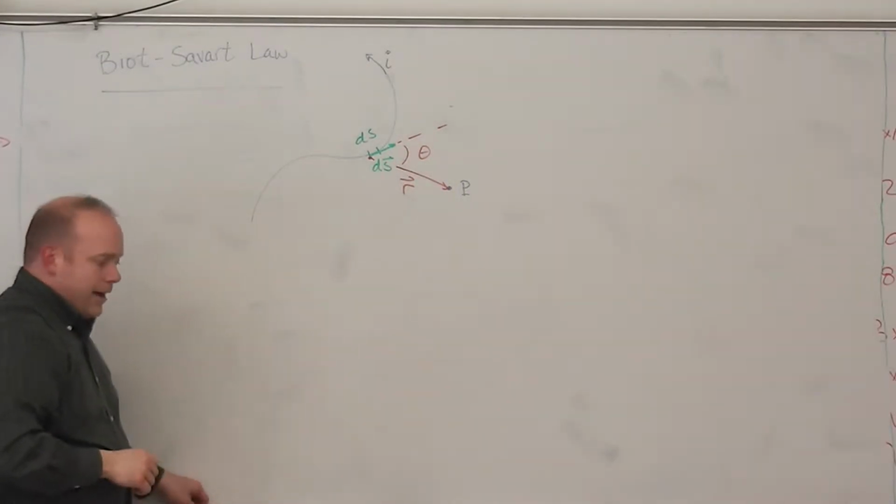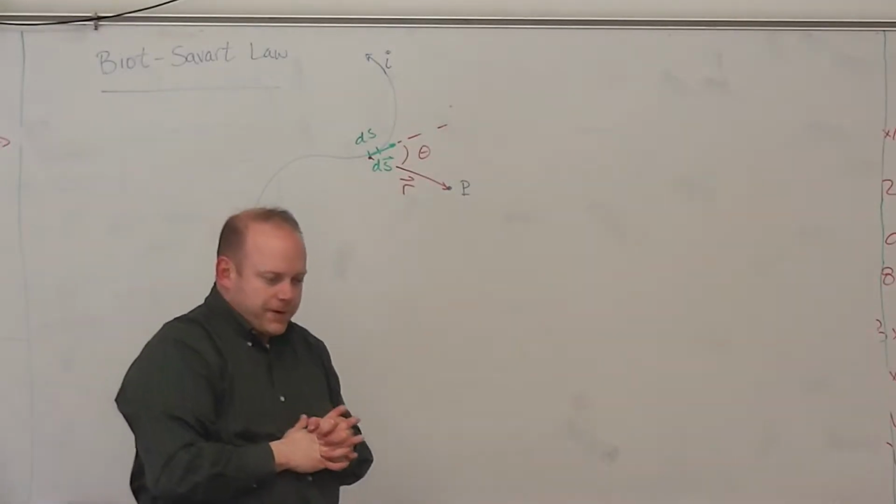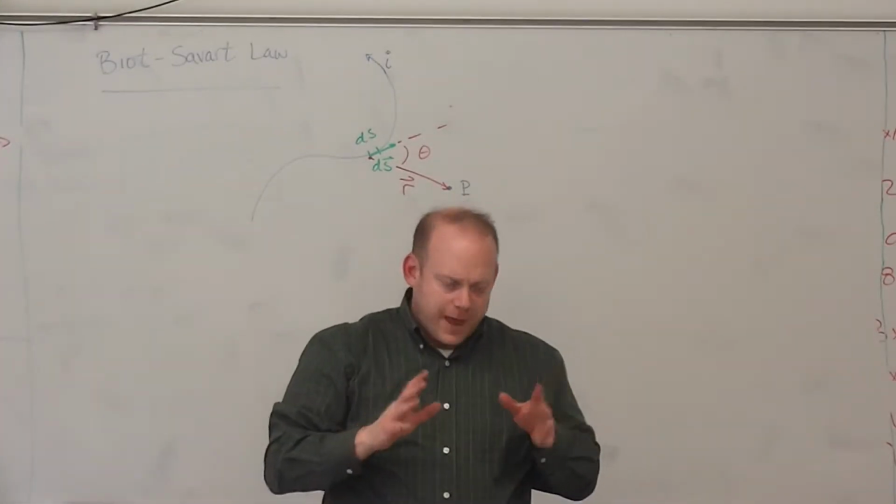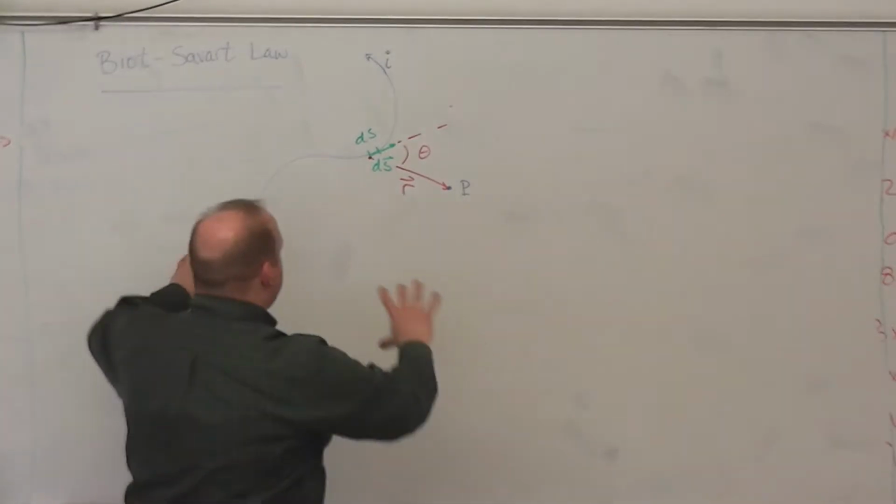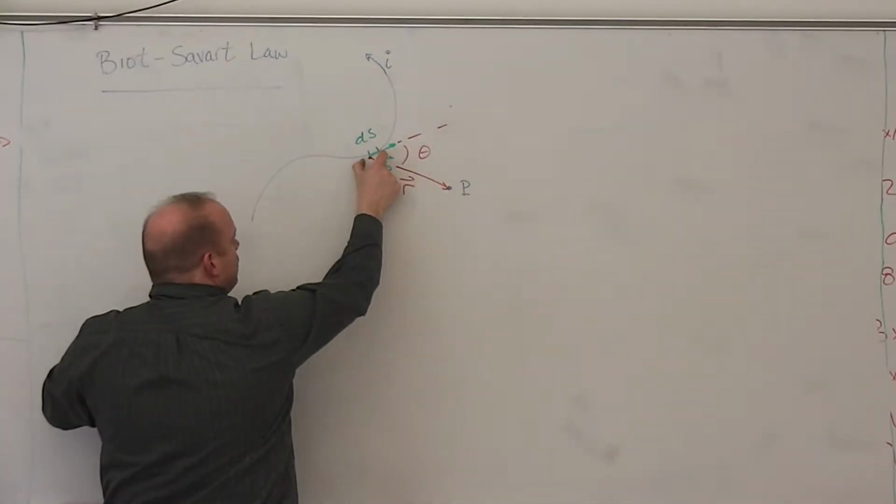So now, if I want to figure out the magnetic field due to that little portion, now that's not the magnetic field due to the whole wire. That's just the magnetic field due to a little tiny portion.